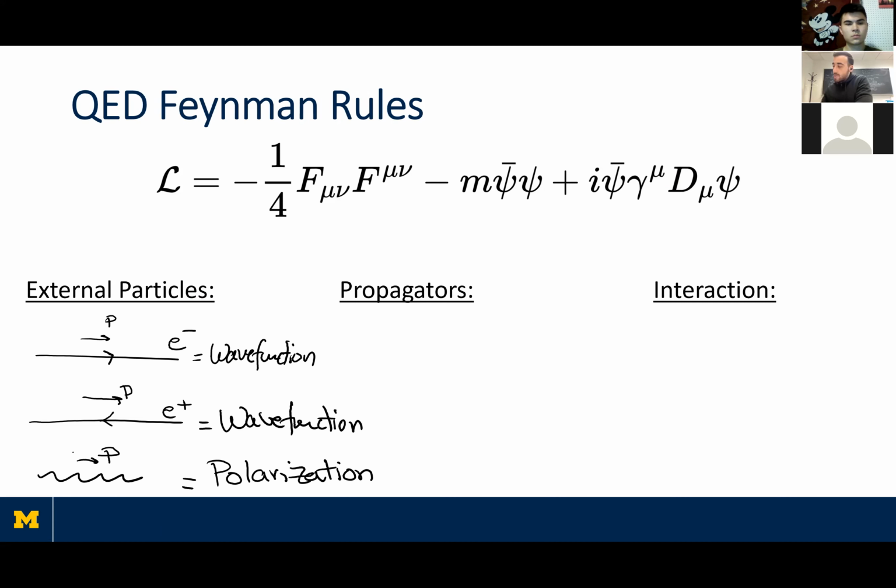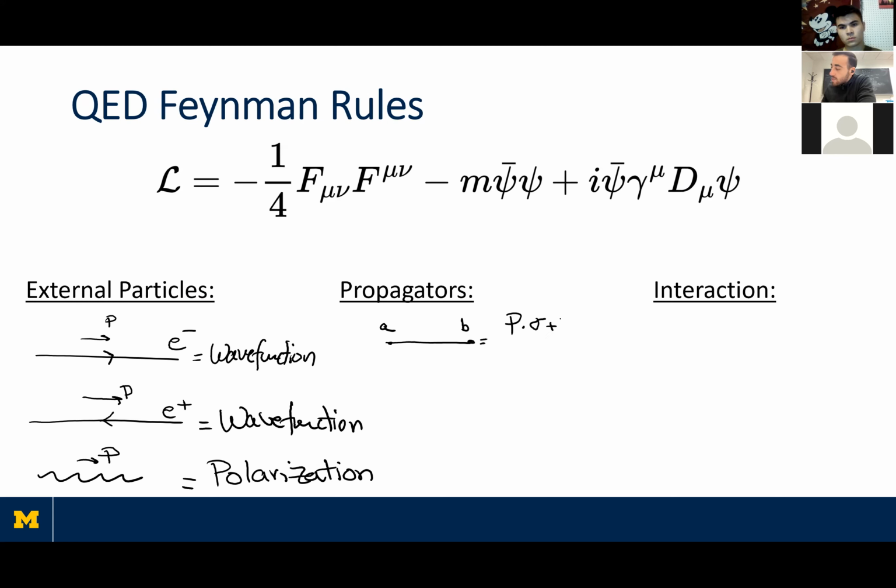Okay, propagators are the particles that end up in the middle of a Feynman diagram. And basically what a propagator tells you is, let's say I have a fermion propagator. It tells you the probability of a fermion moving from point A to point B. And there's a rule associated with it. It's typically the momentum dotted in with the four-dimensional counterpart of the Pauli matrices.